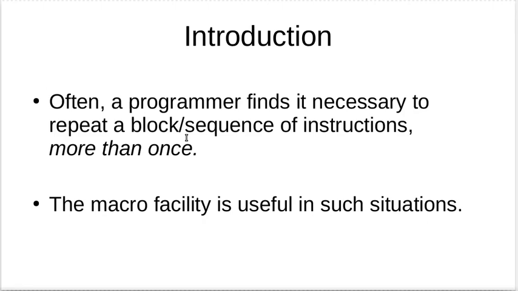In such cases, iteration or looping is not a feasible solution. We have discussed why iteration or looping is not feasible where the sequences are followed by intermittent one-time instructions. So in such situations, the macro facility is useful.